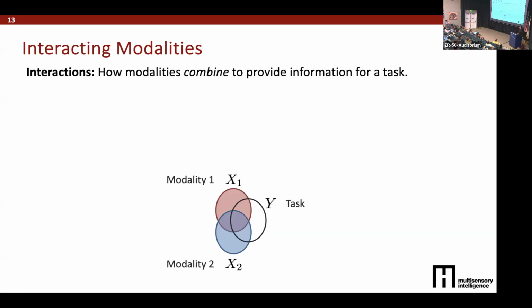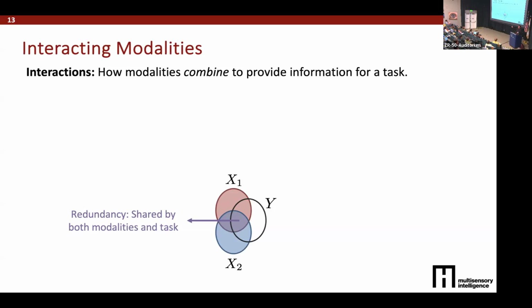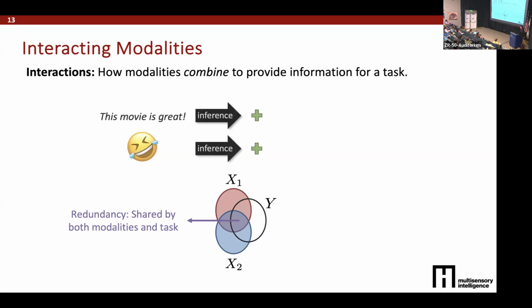And there are several key types of interactions, one of which is redundancy, the fact that these two modalities provide the same information, and you're trying to exploit the same information to predict this task. So one example could be someone saying, this movie is great, with a huge smile on their face. Right? Obviously, both of these are very positive, and together you're very confident that the person really, really enjoyed the movie. That's an example of redundancy.